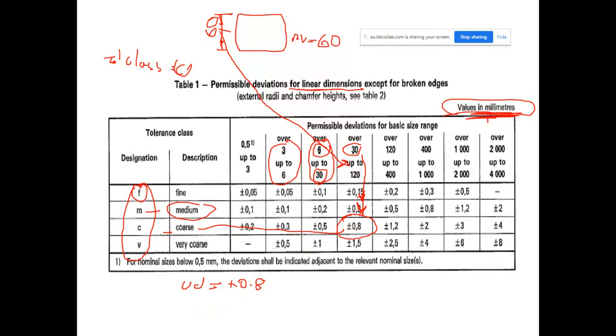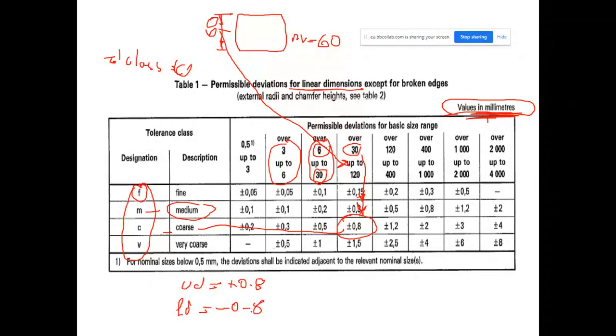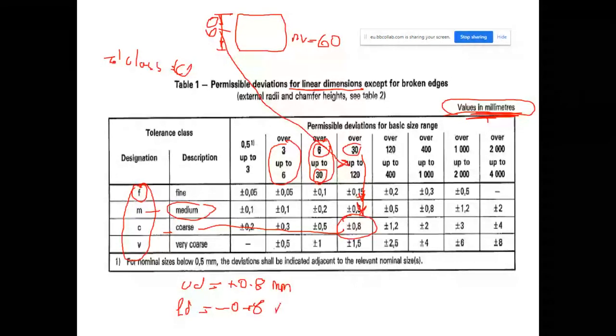Okay, upper deviation plus 0.8. Lower deviation is minus 0.8. Okay, be aware to write the unit of measurement, say that it is millimeter. This is millimeter, not micrometer.